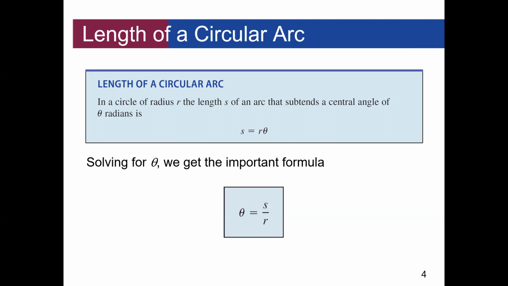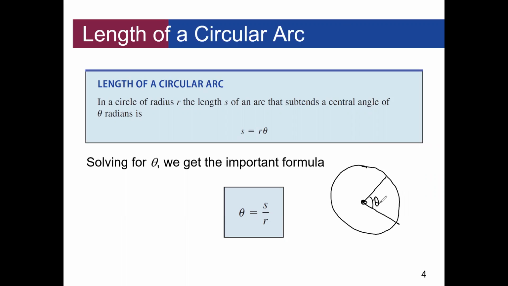So this is what they mean. Let's say you have a circle. Maybe I'll just do it without the coordinate plane. This is the center of the circle. The angle that subtends the arc is theta.